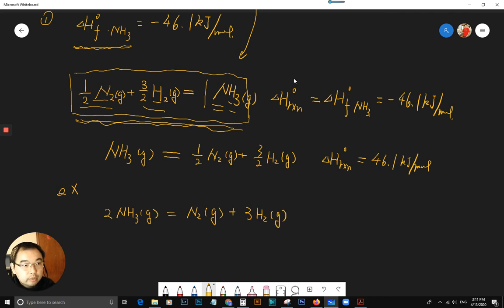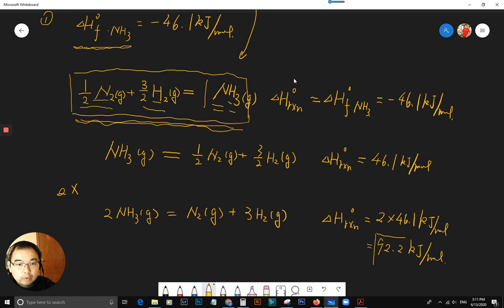If we multiply the equation by 2, the enthalpy of the reaction also needs to be multiplied by 2, which is 2 times 46.1 kilojoule per mole, and we get 92.2 kilojoule per mole. And 92.2 kilojoule per mole is the right answer for the standard enthalpy of this target reaction.